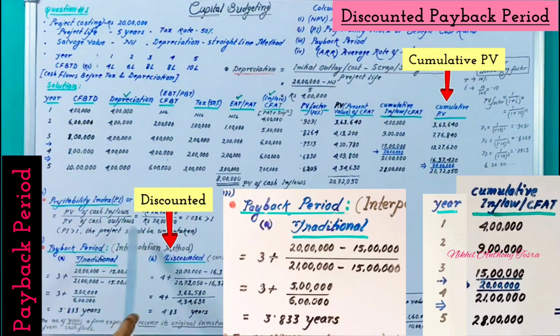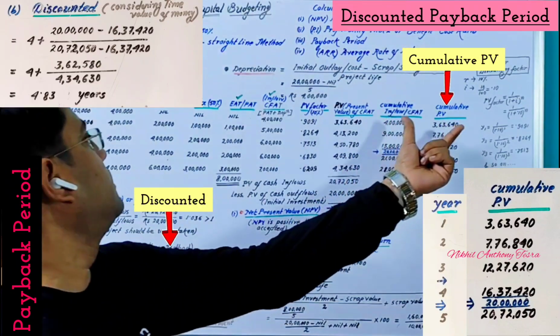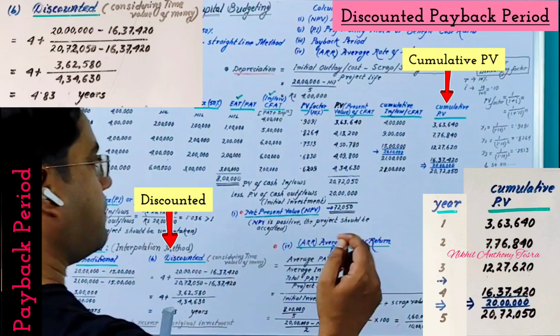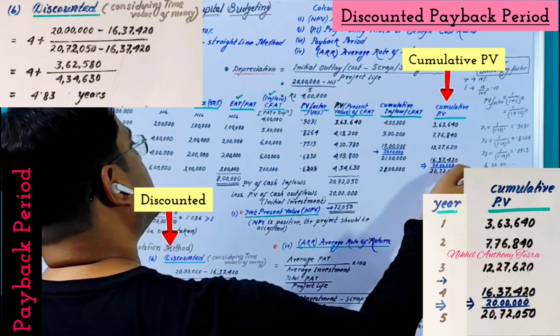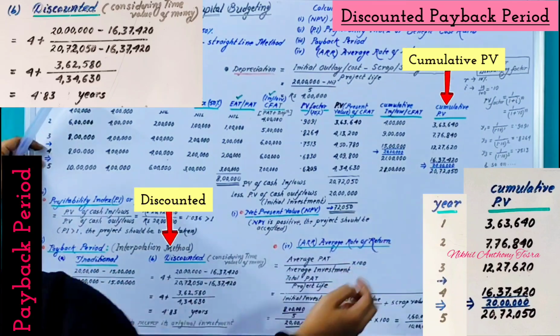Okay, friends. In order to calculate the discounted payback period, we consider the time value of money and take the cumulative PV column. Take a pencil, write 20 lakhs in between these two. So the firm would recover 20 lakhs in between the fourth year and fifth year.